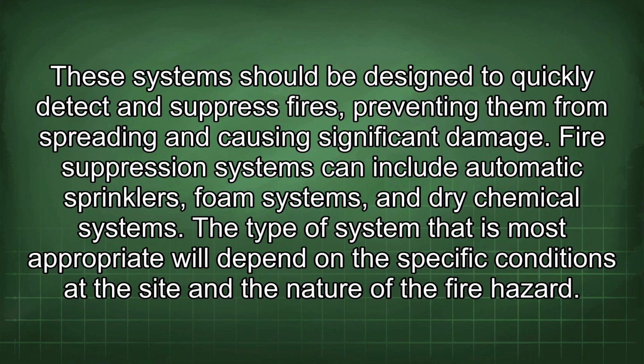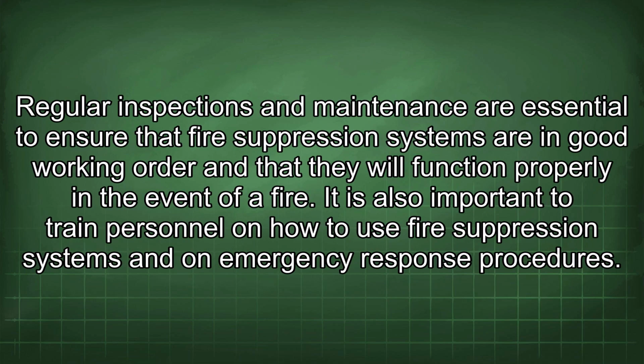The type of system that is most appropriate will depend on the specific conditions at the site and the nature of the fire hazard. Regular inspections and maintenance are essential to ensure that fire suppression systems are in good working order and that they will function properly in the event of a fire. It is also important to train personnel on how to use fire suppression systems and on emergency response procedures.